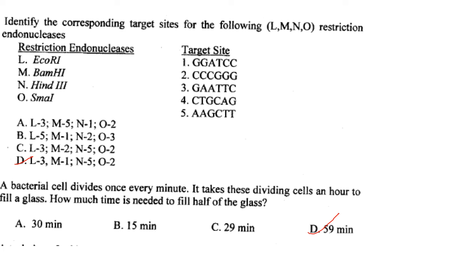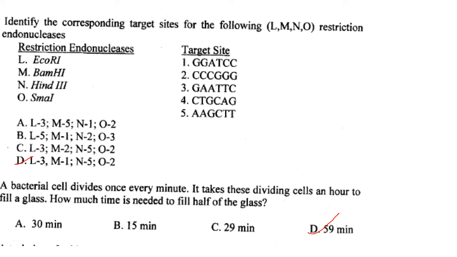Then BamHI is GGATCC. So option D will be the correct answer. But we will see for the others also. Then HindIII is AAGCTT and SmaI is CCCGGG. So answer is option D, that is L3 M1 N5 O2.